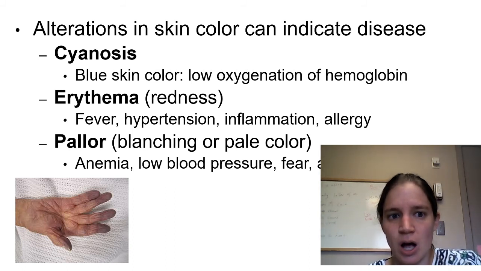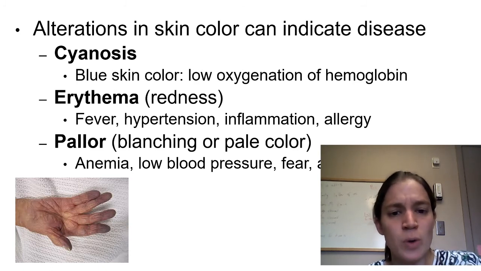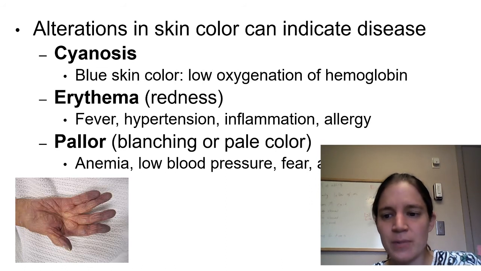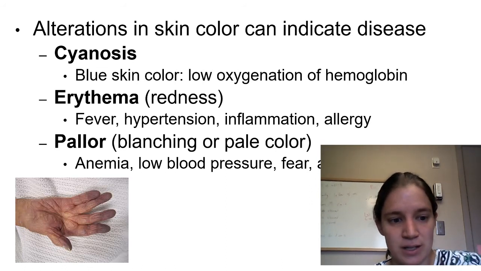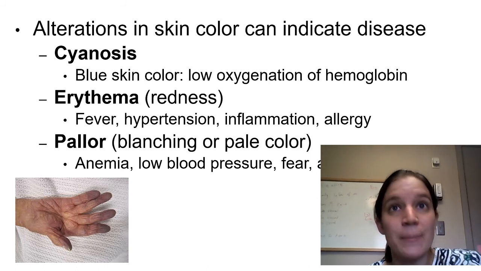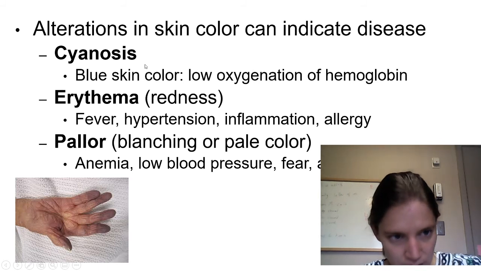It's an indication of low oxygenation, again because of a blood problem. It looks bluish, the extremities. It's easier to see the less melanin there is, just because it's not getting in the way, but it happens. These things all happen no matter the skin color.